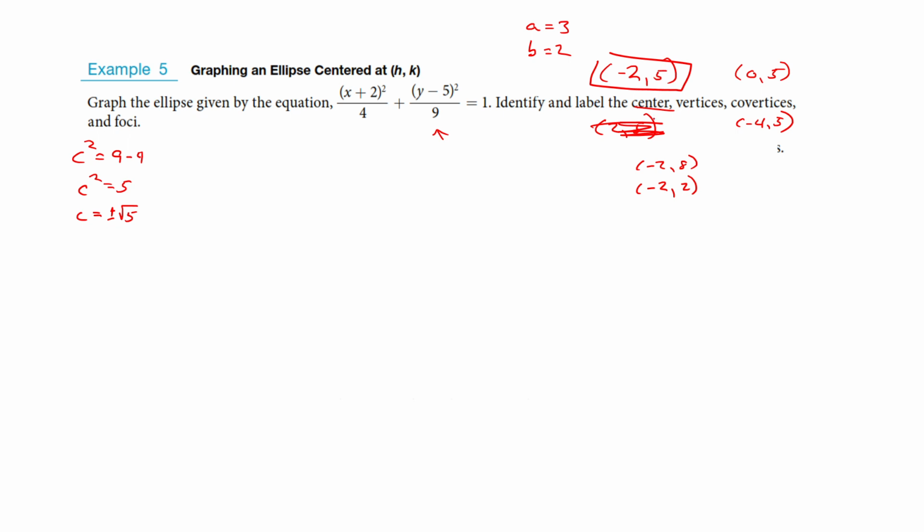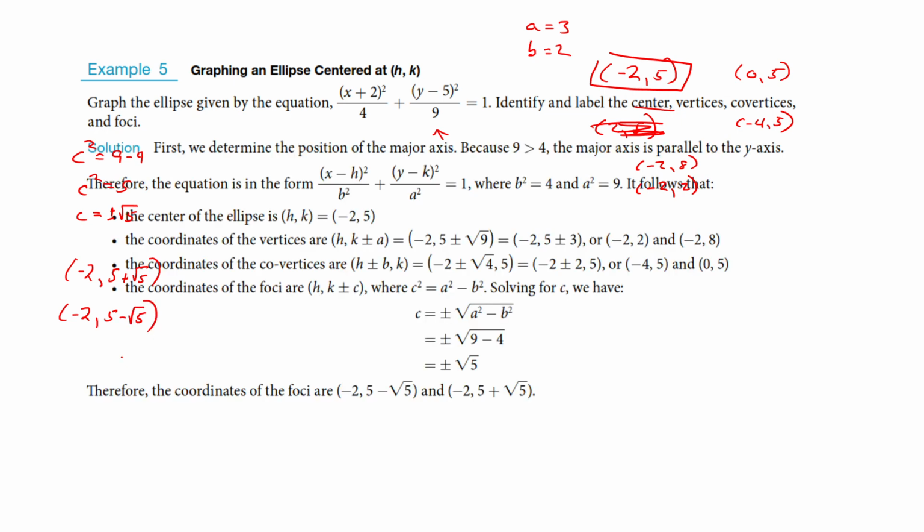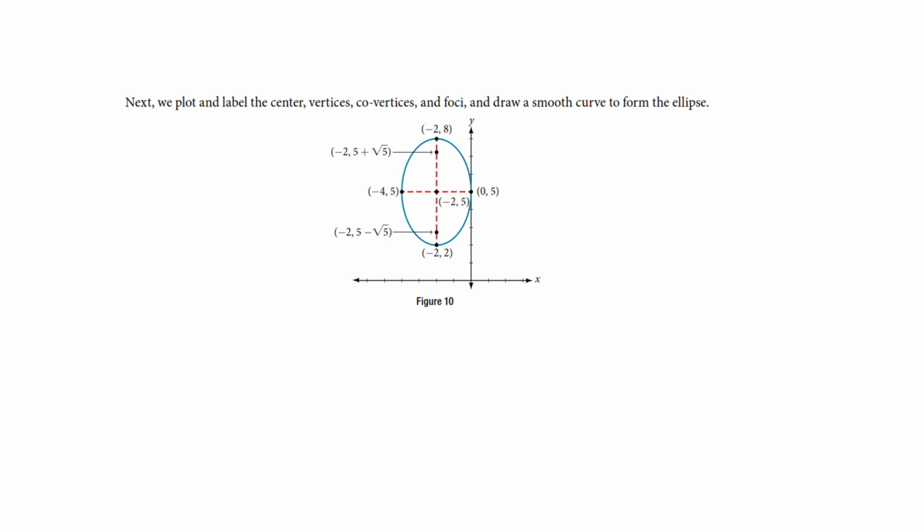We're adding it along the major axis, so our foci are going to be negative 2, 5 plus the square root of 5, and negative 2, 5 minus the square root of 5. Okay, I've got everything I need, so we just plot those points, connect the dots, and we got it. The only thing that's changed is we're adjusting for a new center. It's not at the origin.